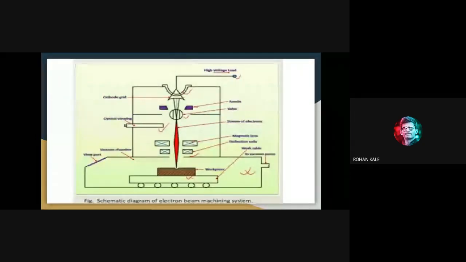That is why vacuum is generated in your machining chamber.